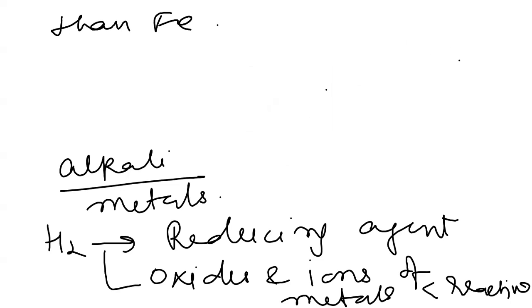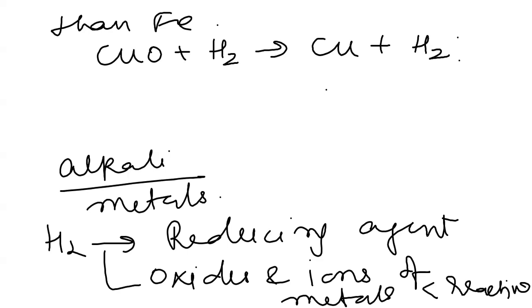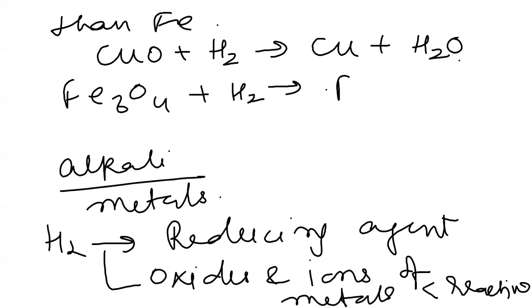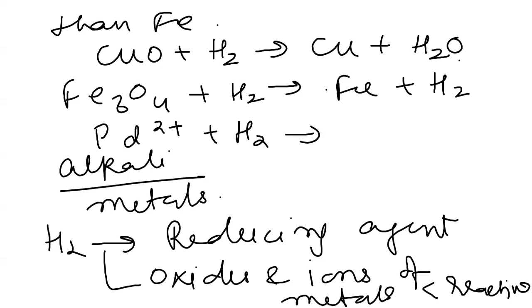For example, CuO plus H2 gives copper plus H2O. Then Fe3O4 plus H2 gives Fe plus H2O. Then Pd2+, when it reacts with hydrogen, gives Pd plus 2H+.